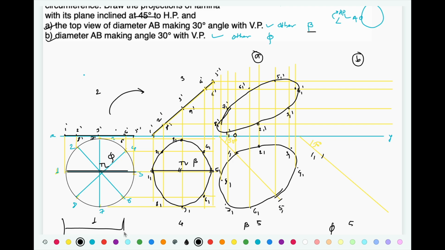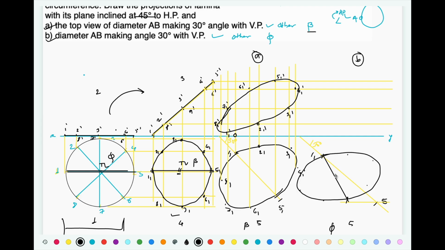So let's take the distance of true length from the basic view and locate the point 5, locus through that point, and then take the dimension of the top view, because ultimately we are supposed to draw this top view only, but in a different orientation. So take 1 1 5 1, have intersection, so this is going to be that diameter, and referring to this diameter, locate the other points.